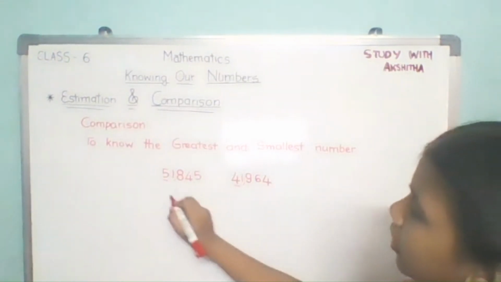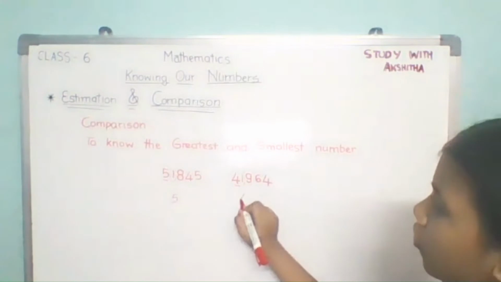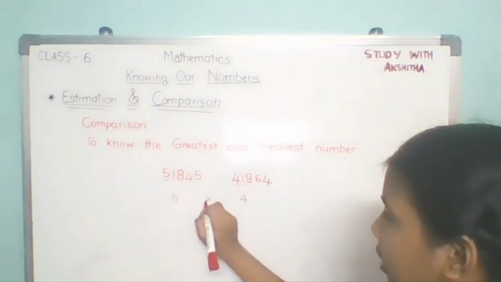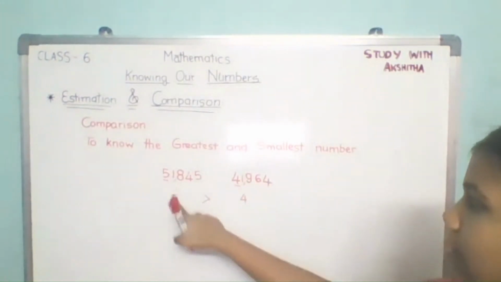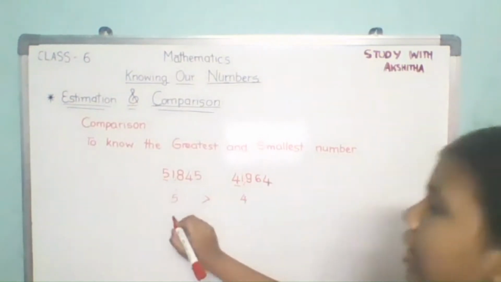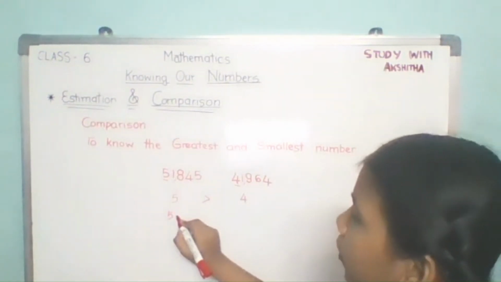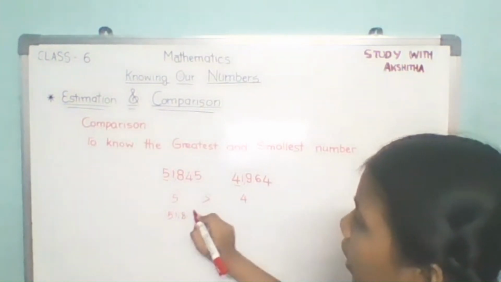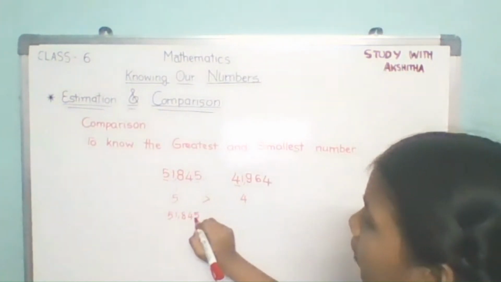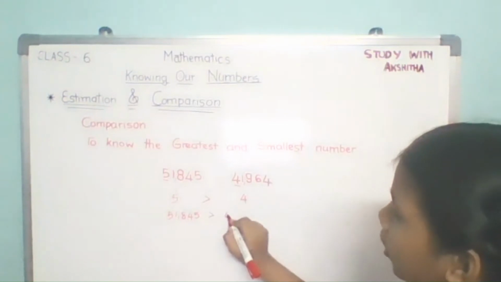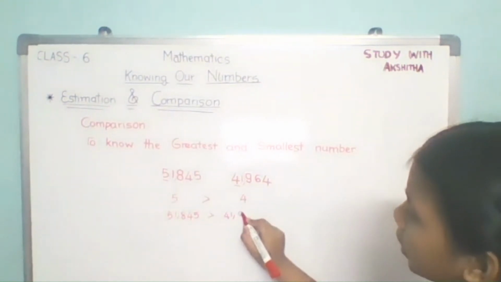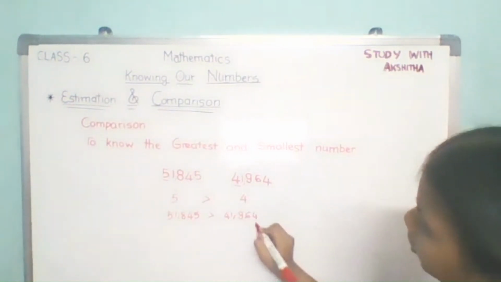Here it is 5, here it is 4. So, obviously 5 is greater than 4. Therefore, 51,845 is greater than 41,964.